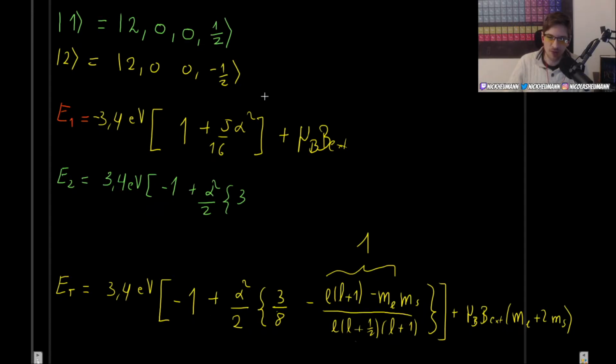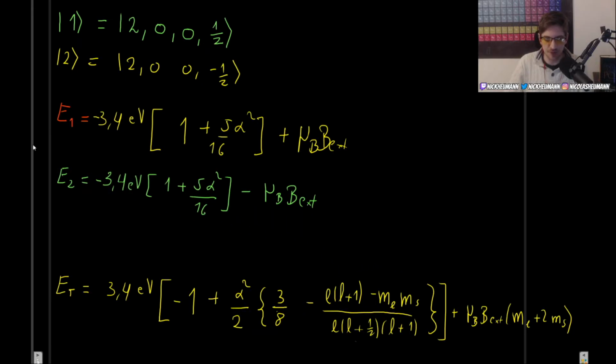Because the only thing that changed is the value of ms, which went from positive to negative. So actually, we get the same thing here. So we still get minus 3/4 electron volts, 1 plus 5 alpha squared over 16. But now this is negative. So that's the only difference. All right? So those are the first two states.